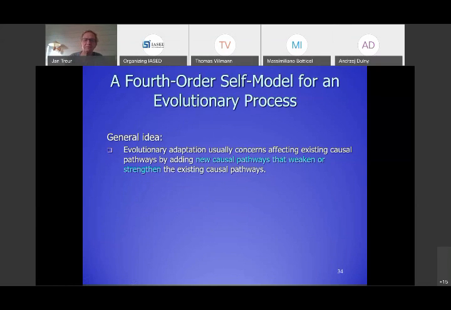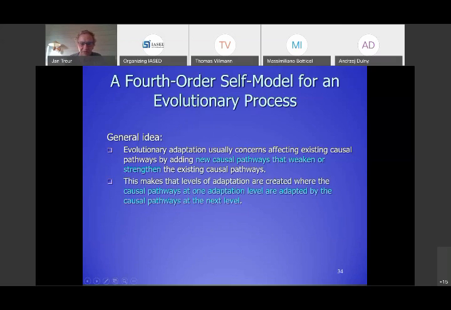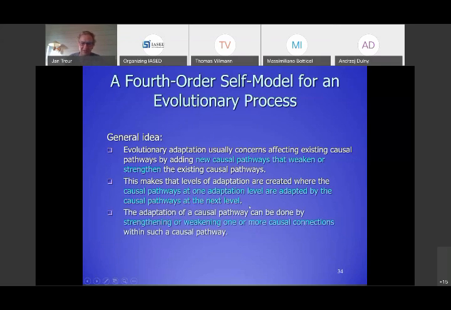I would not claim that it's always the case, but at least it happens in quite a number of cases. So this makes that levels of adaptations are created in the real world. They are not fantasy, but they are really there in the real world, where causal pathways at one level are adapted by causal pathways at the next level. And that's also what I will do here.